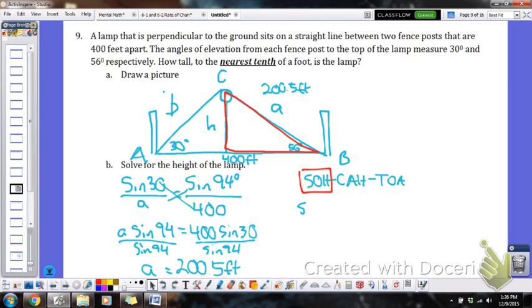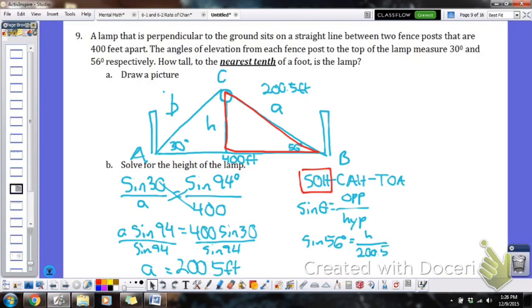So knowing that the sine of an angle is equal to the opposite over the hypotenuse, I can find my height. So I'm going to take the sine of 56 degrees, and that will be equal to my opposite, which is h, over the hypotenuse, which is 200.5.